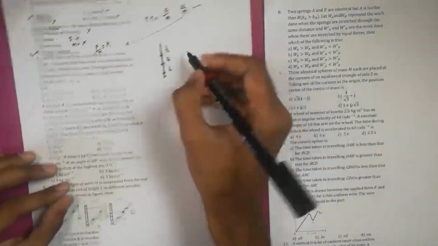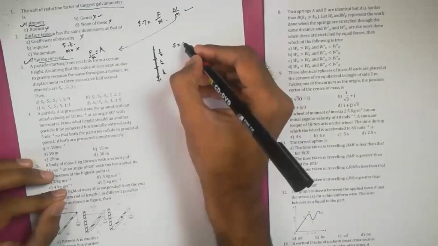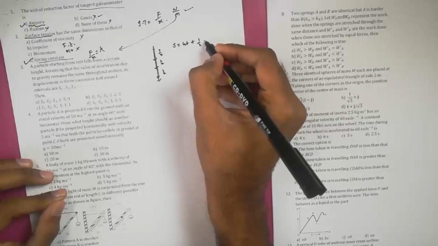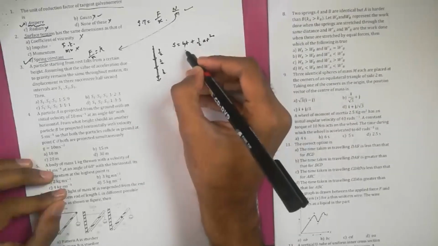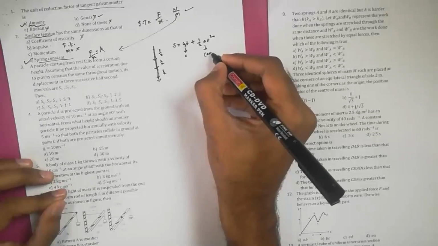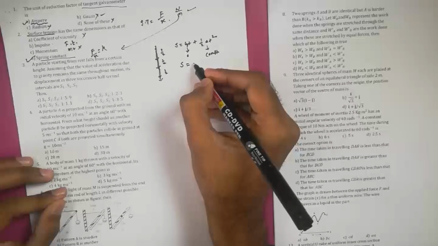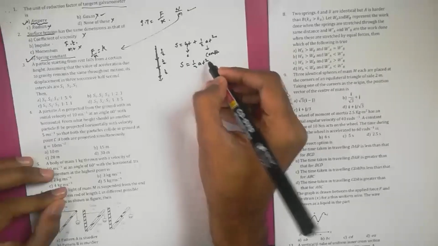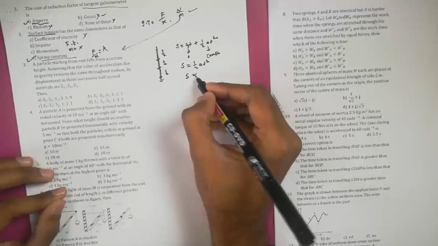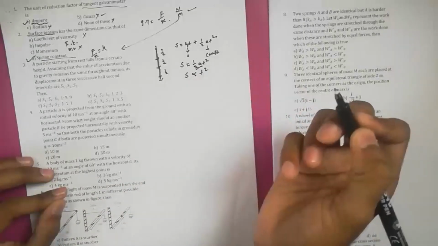Now we should know that the kinematic equation is s equal to ut plus half at square. In this case, u is 0, acceleration is a constant, so s is equal to half at square, which is nothing but displacement is directly proportional to t square.